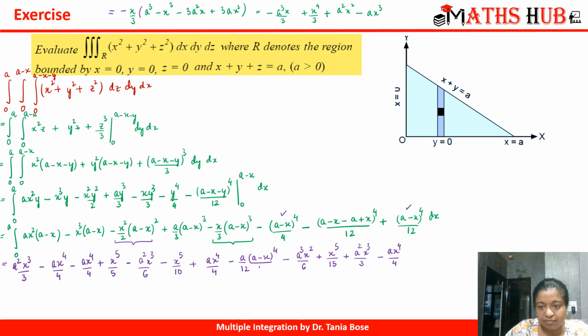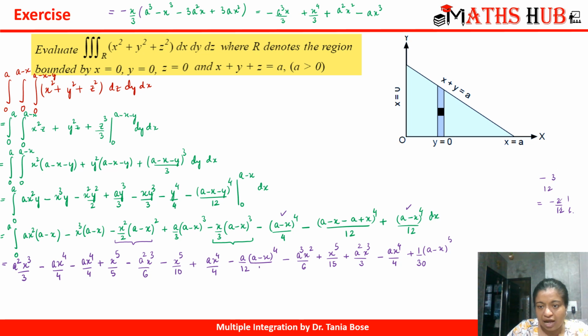So I have 1 by 12 and I have minus 1 by 4. So 12 is the LCM, I'll get 1 minus 3, that is minus 2 by 12, that is minus 1 by 6. So I will have minus 1 by 6 a, minus x to the power 5 by 5, so that will become 30, and plus minus will change to a plus sign, right?